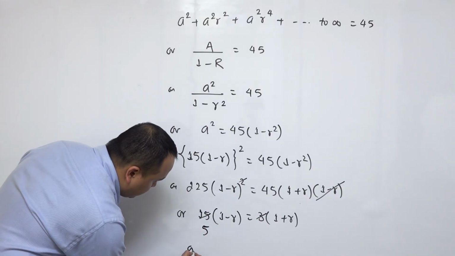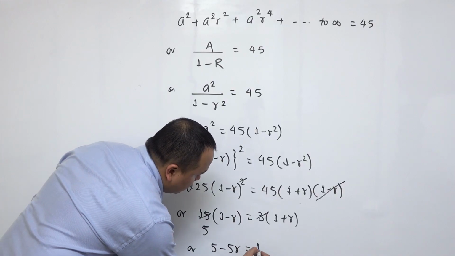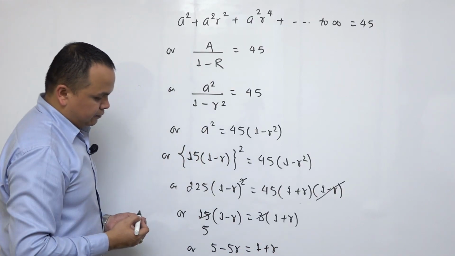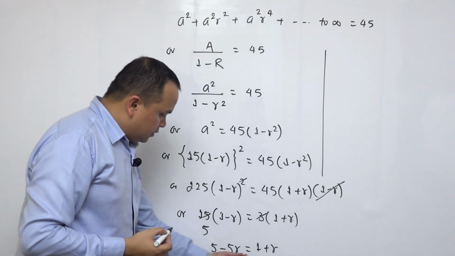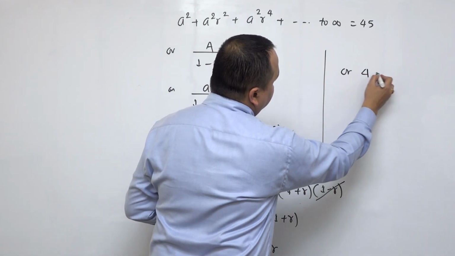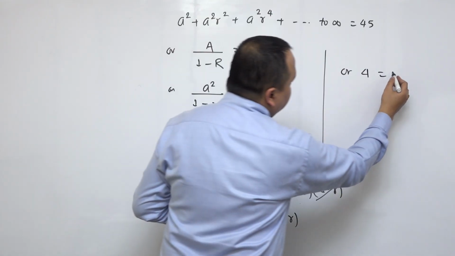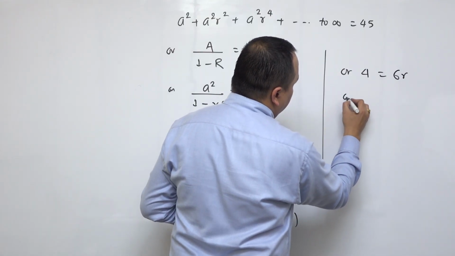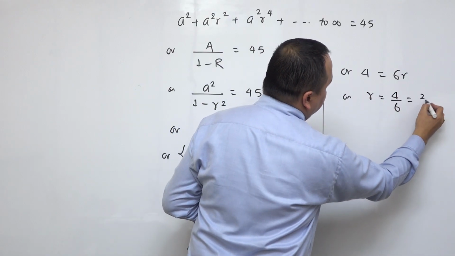So this is 5 minus 5r is equal to 1 plus r. The 5 minus 1, 4, and r plus 5r, 6r, or r is equal to 4 by 6. This is 2 by 3.